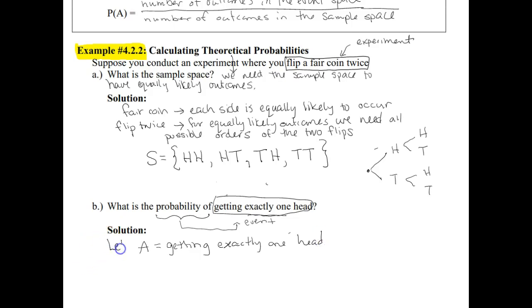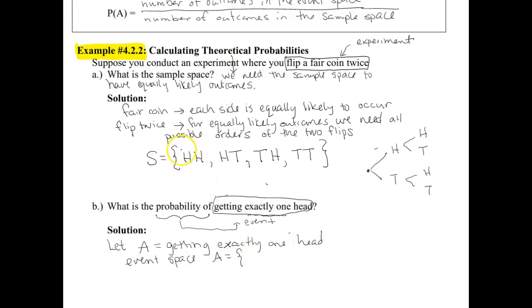So that's what we're going to let that variable be equal to. And so then our event space, the set that corresponds to that, is we go back up to our sample space and we list everything that meets this condition, so getting exactly one head.